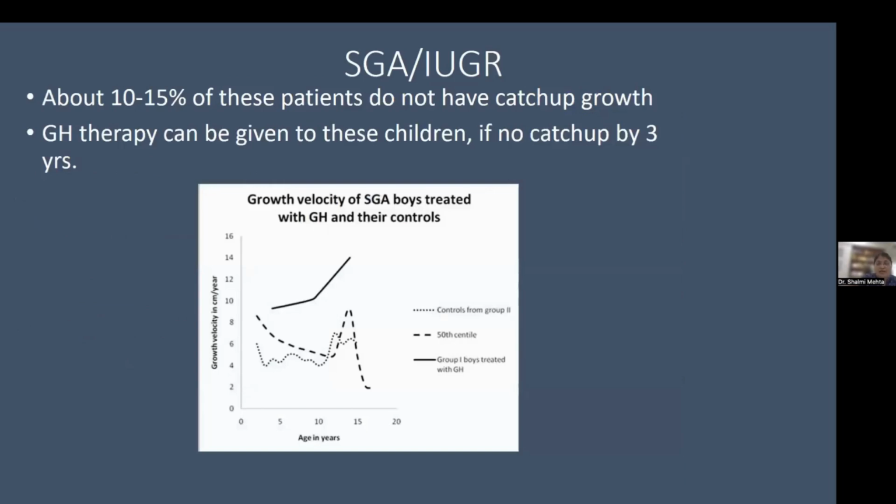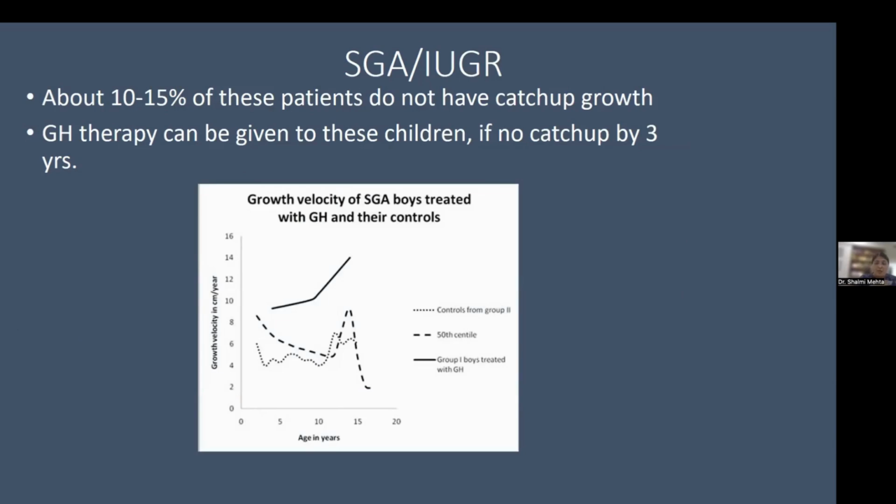SGA and IUGR, I think we are increasingly seeing this subset of patients. This is short for gestational age, or kids with intrauterine growth retardation. In the NICU, so many preemies and so many IUGR babies are now being saved. So we are having babies born at 28 weeks, 29 weeks, or babies born at full term with some complications, and therefore the baby ends up with a birth weight of 1 to 1.5 kgs.